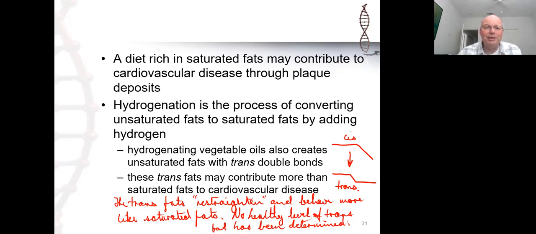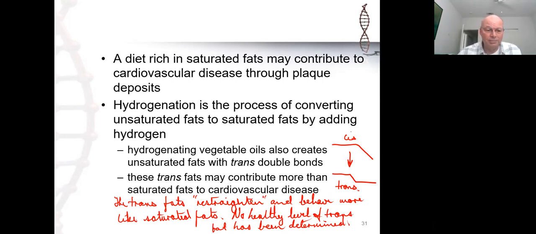The other part of the problem is, notice, as long as it's less than 0.5 gram per serving, you can label it as being 0 trans fat. That means you could have potato chips or some other snack that contains just under 0.5 gram per serving of trans fat, and it could legitimately say 0 trans fat. And remember, the recommendation is minimum amount of trans fat, 0 preferable. So how can you tell if there's trans fat in a food if they can legitimately label a food as having 0 trans fat with up to 0.5 gram per serving?